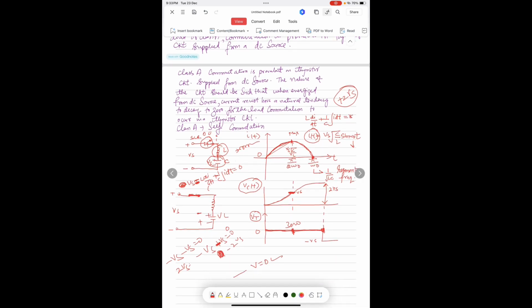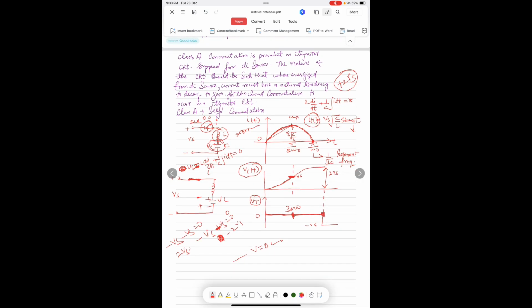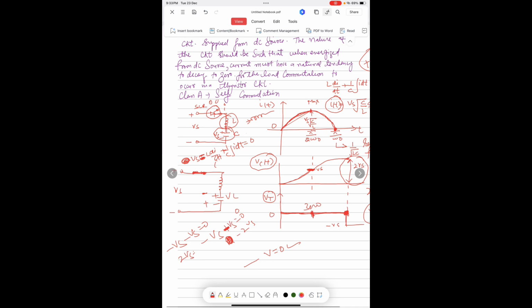Now if we see in the diagram, when the thyristor was not turned on, it has a value of 2 Vs. Now the thyristor stops conducting, minus Vs. So Vs is the voltage across the thyristor when it is turned off. I will again explain that when we apply voltage Vs, the current passes through the thyristor, then reaches the inductor, then passes through the capacitor and the negative path.